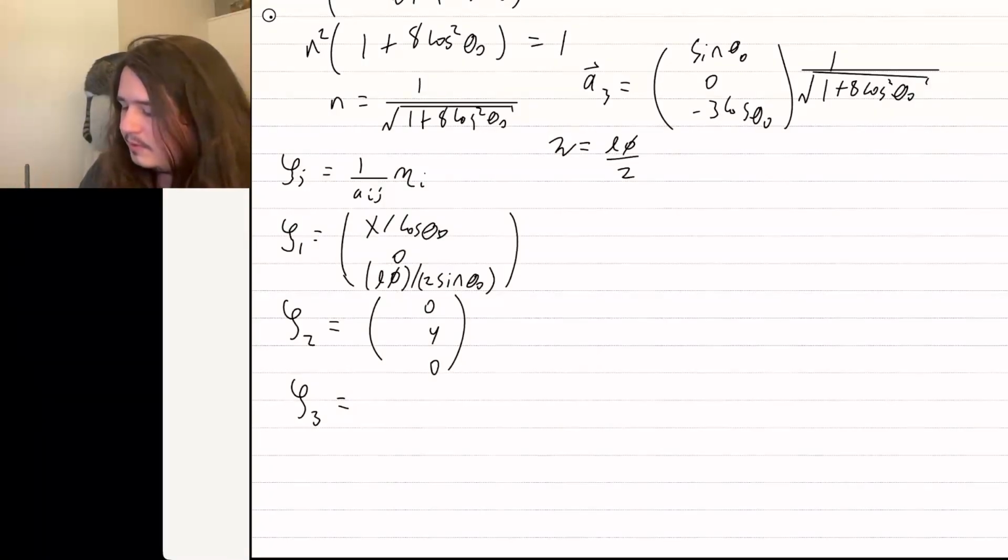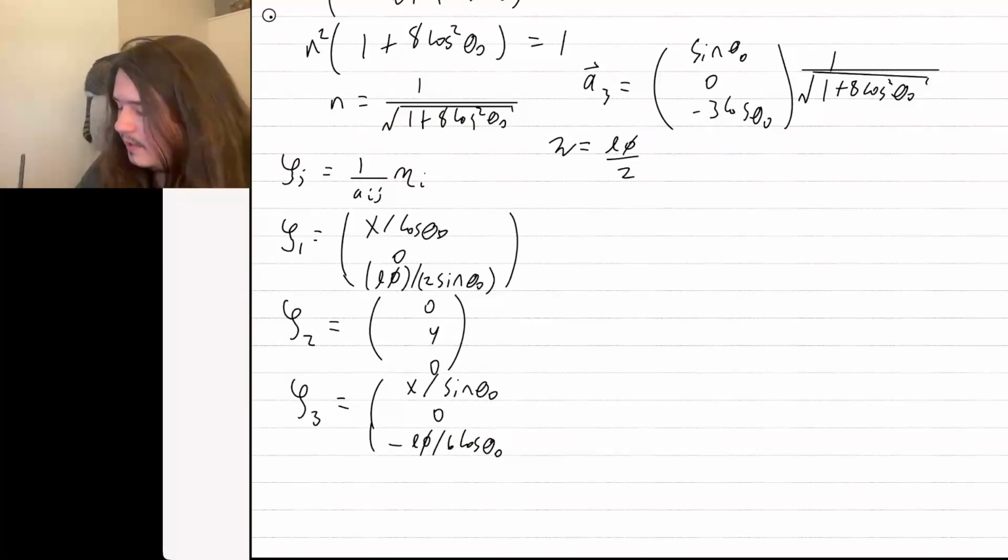So that's going to be x over sine theta naught, 0, and then, that's not y actually, it's L phi over 2, so it's minus L phi over 6 cosine theta naught. And then it's also times this lovely normalization factor that we keep talking about.